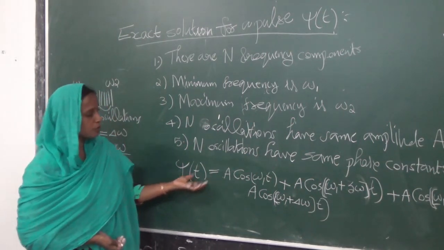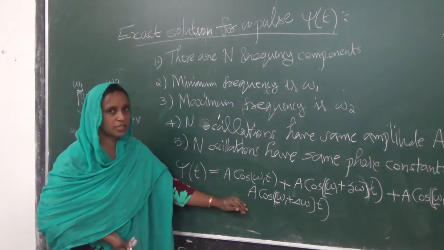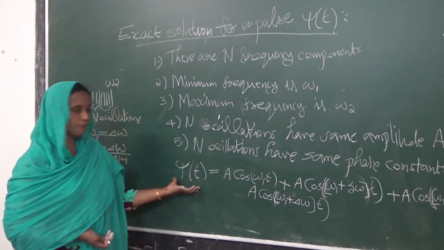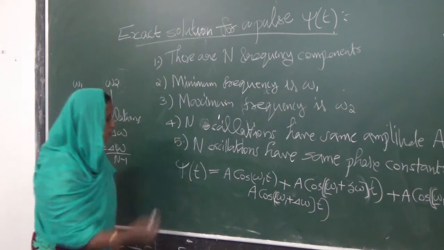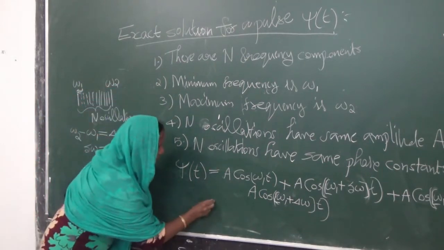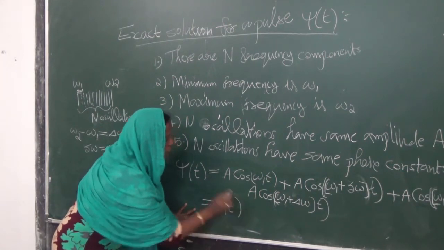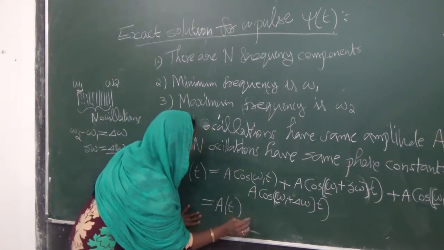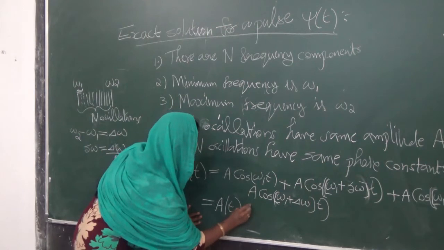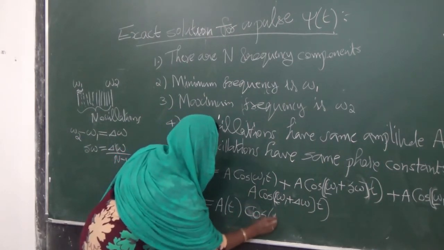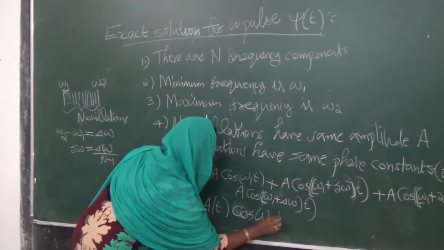We want to simplify this expression to find an expression for psi of t, such that psi of t is equal to A of t cos omega average t.